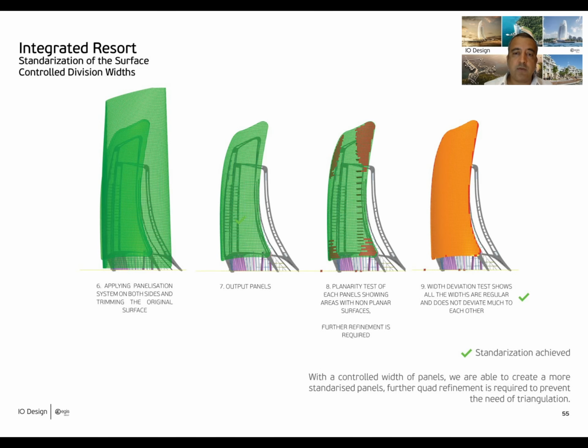With that, we could achieve an acceptable standardization where only at the top and bottom edges of the surface there would be different types of panels.